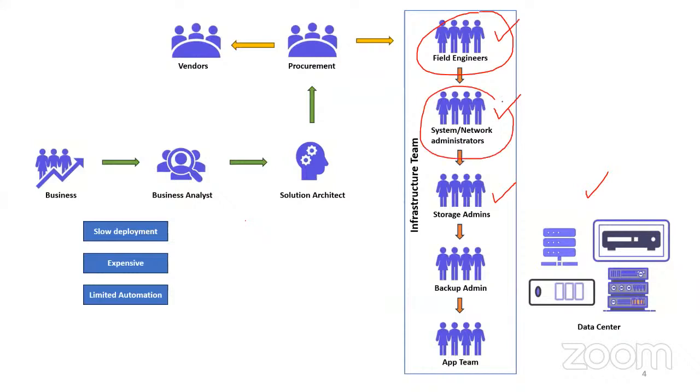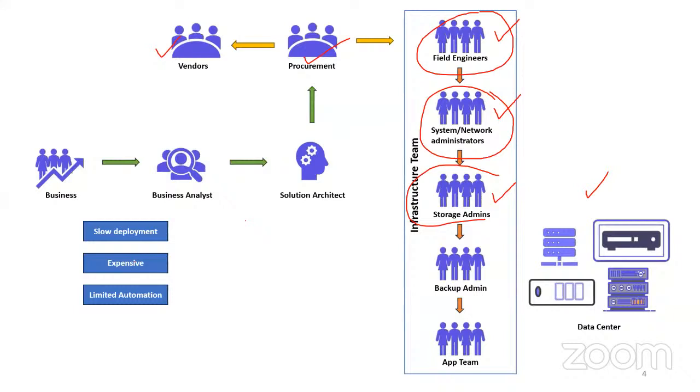Network admins plugging the networking cables, system admins, the vendor stream activity, procurement activity, rack and stack mechanism, most of the activities we cannot automate. Some aspects can be automated, but most cannot. So that is the reason the automation is limited and the deployment procedures are manual and very slow.